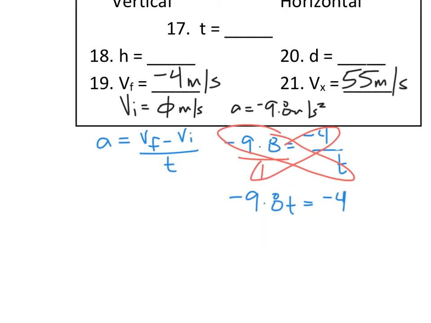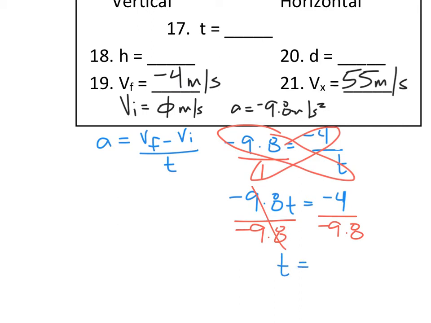Now, next step, I want to get this t by itself. And t is being multiplied by negative 9.8, so the opposite is to divide both sides by negative 9.8. And when I do that, these 9.8s cancel, and t is all by itself.